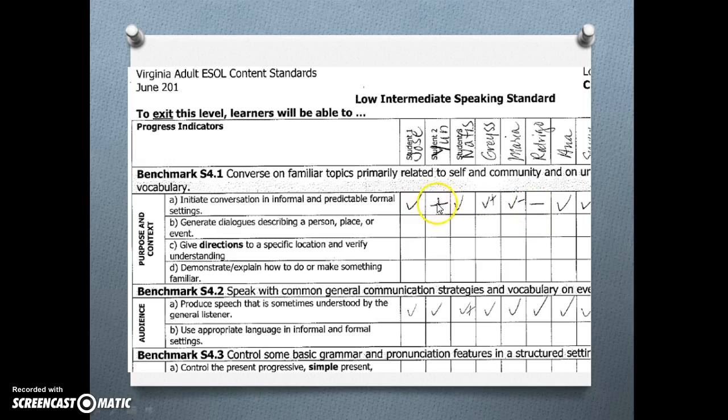The other ones that got a plus or a check, I may not look at them as much, just the ones with the check minuses or the minuses to see if they actually have maybe later in the term achieved that indicator or benchmark.